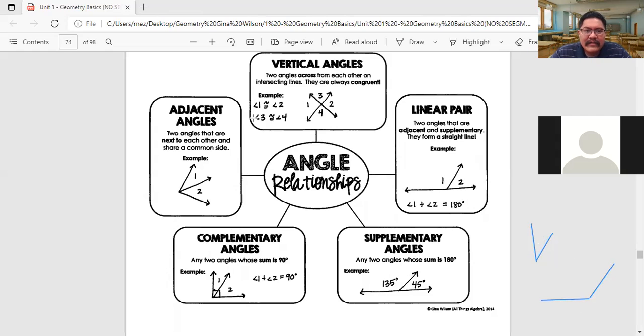Complementary angles. Complementary means it goes nicely with each other. Like if you go to a restaurant, sometimes they give you complimentary bread or something like that. The word is used a lot, especially in hotels. It just means it's nice to have, like a mint with your dinner. I think Olive Garden is the only place I know of that still does that.